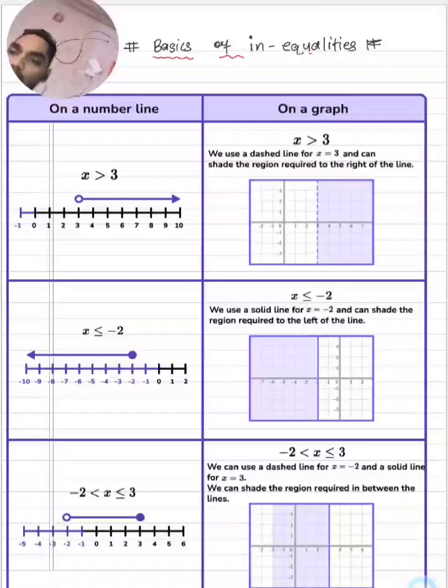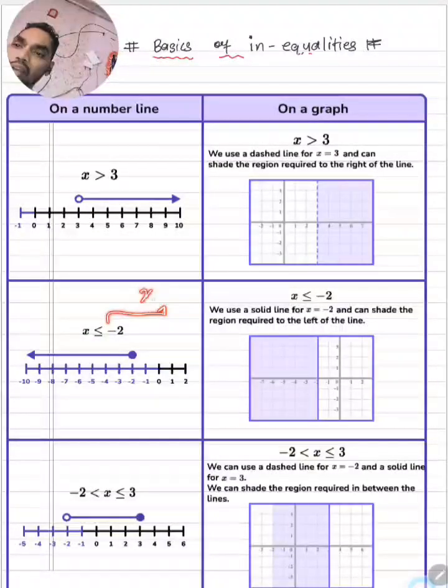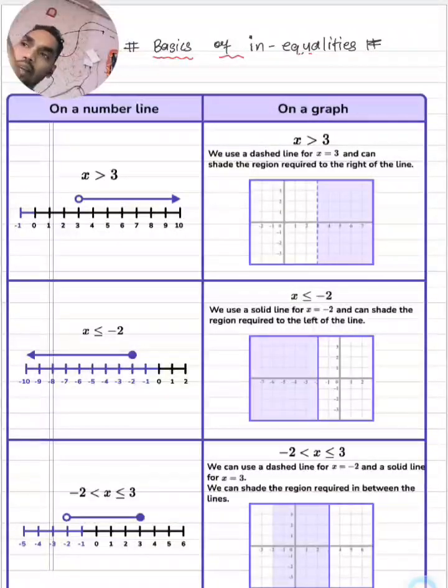You need to understand this statement: first, x is all the values which are less than -2, and second, x is also equal to -2. That means we need to take -2 as well as the whole set of values which are less than -2. Since again it is not mentioned whether x is an integer or real number, I will take the real number.